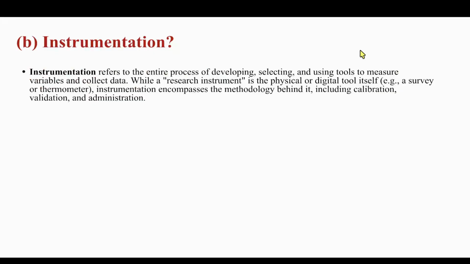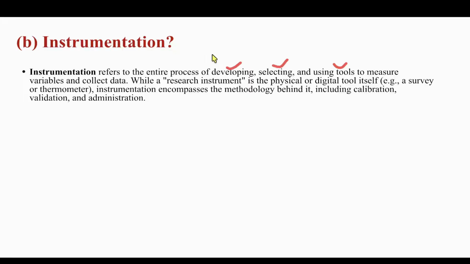They should mention the instrumentation part, and we all should be very cautious whenever we are doing it. Instrumentation refers to the process wherein we develop, select, and use the tools to measure the variables and collect data. Sometimes we adopt a questionnaire which some other researcher has already used.